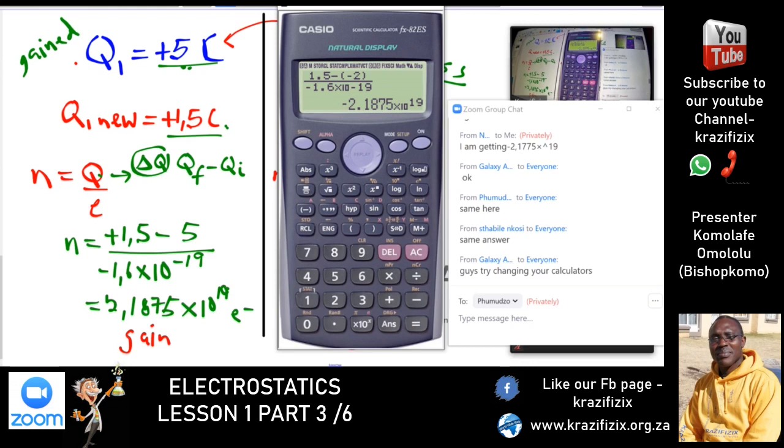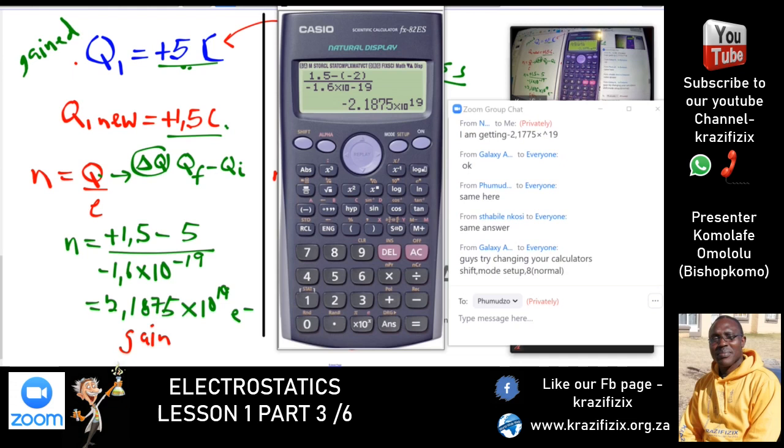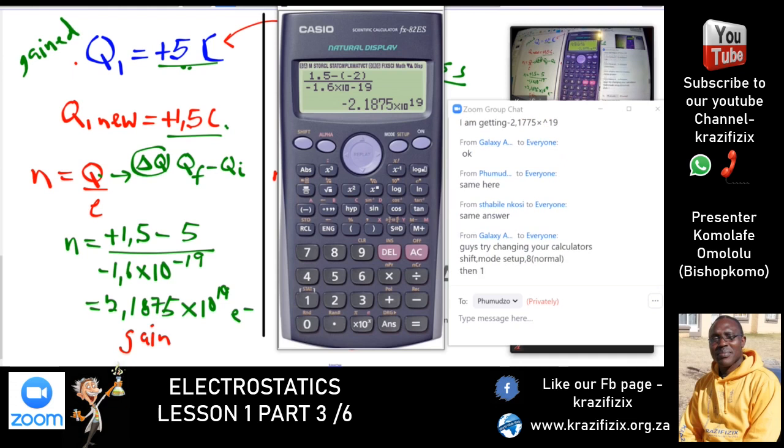All this is still grade 10. I'm still in grade 10 here. I'm about to move to grade 11 now. Good. Galaxy is helping you guys. Shift mode, setup 8 normal. Pendu, it cannot be 1,875. It should be 2,1875.